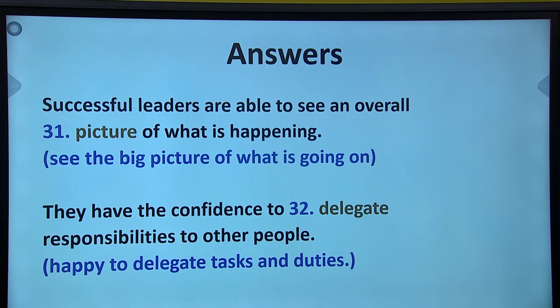Second one, they have the confidence to delegate responsibilities to other people. That's the answer there. They said in the recording they are happy to delegate tasks and duties, which means the same thing as your question, okay? So again, you're listening for the same meaning, but with different vocabulary, synonyms, or similar language.